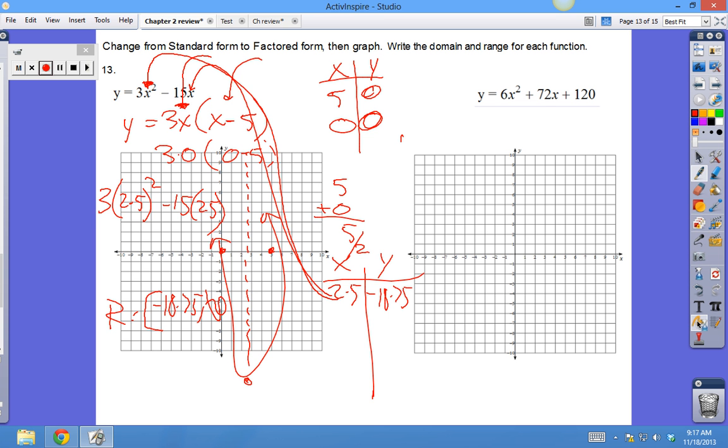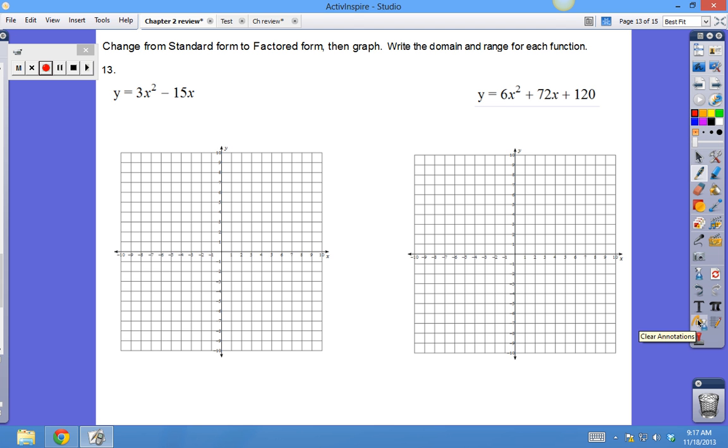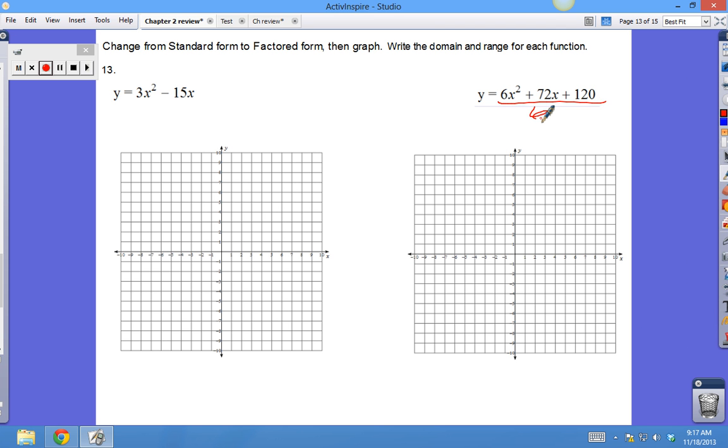Okay. Let's look at this one. First move, I'm going to divide everything by 6. So I'm going to rewrite this as y equals 6 times x squared. What's 72 divided by 6? That's 12x. 120 divided by 6 is 20. Now after I factored out a 6, I'm going to keep going.